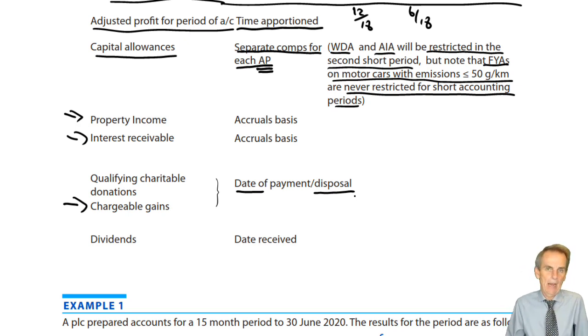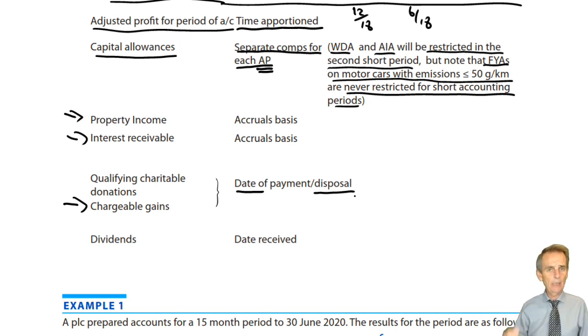Which assets, if any, were disposed of in the 6-month period? And you will allocate now those particular disposals to their respective accounting period. Did the disposal take place in the 12-month period, or did it take place in the 6-month period? You allocate those gains accordingly. Once again, how we calculate those gains in corporate tax, that awaits us in a later chapter.